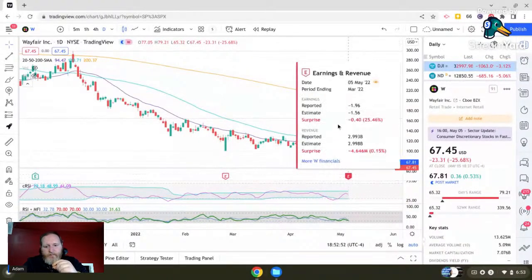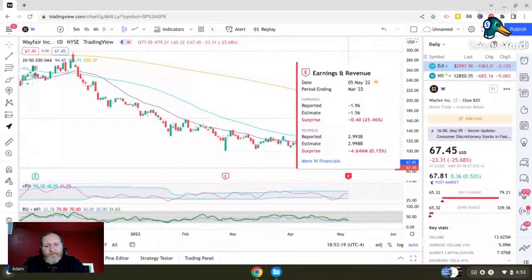Look at their earnings. They missed EPS by 25% or 40 cents per share. They brought in, well, they didn't, because it was a loss of nearly $2, $1.96 per share loss. Now, they were expecting a $1.56 a share loss.